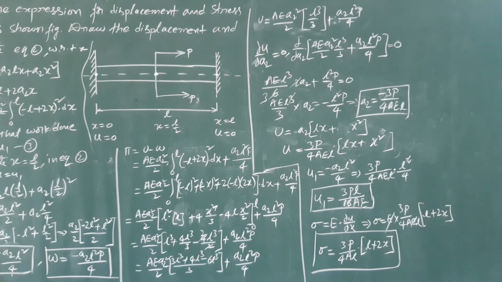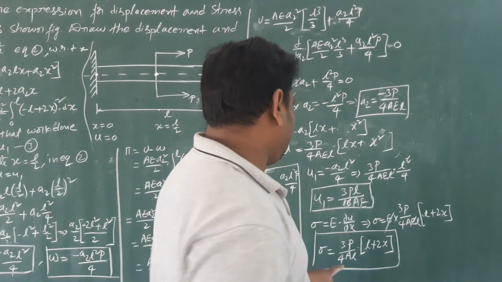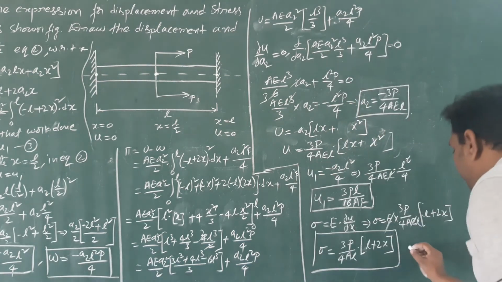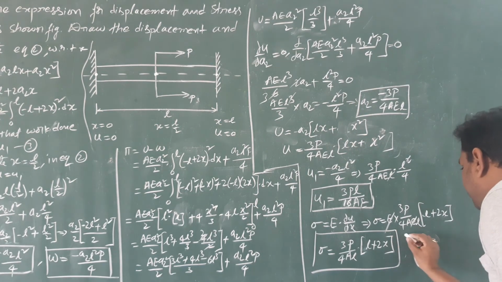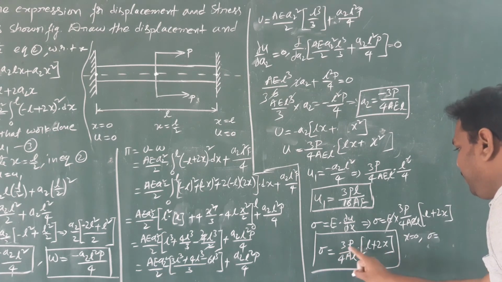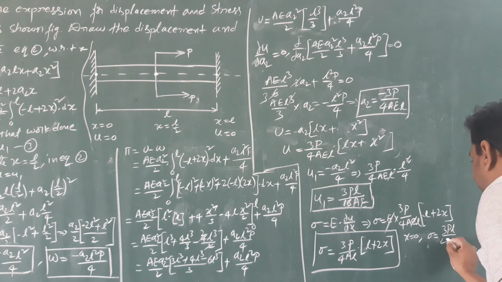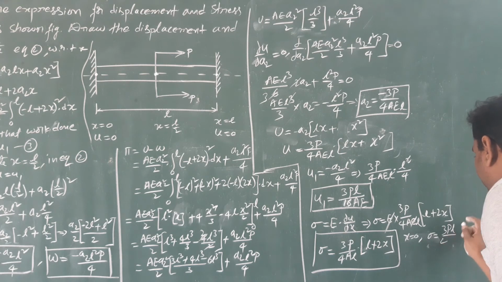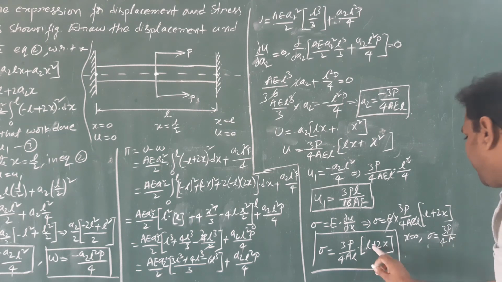At midpoint, at x is equal to 0, if x is equal to 0, the stress sigma is equal to 3PL by 4AL, because L cancels, so 3P by 4A.